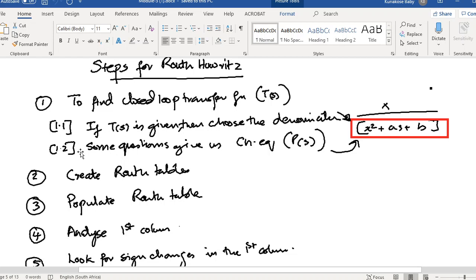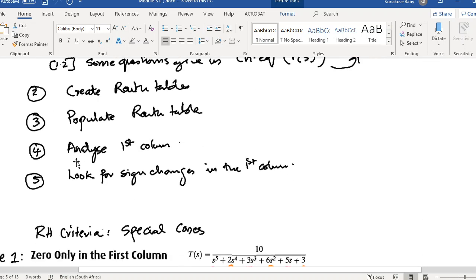For the second problem that I asked you to try, you're already given the characteristic equation, so you can start with that one. Then we create the Routh table. After that, we populate the Routh table from the very top row to the very last row. Then we analyze the first column to see how many sign changes there are. If there are any sign changes, that means that there are poles lying on the right half plane.